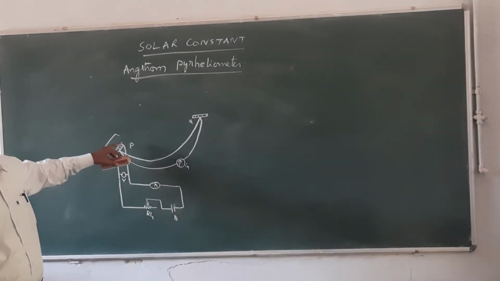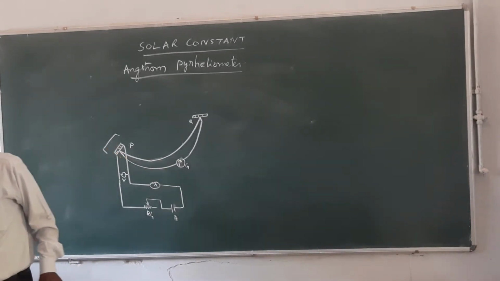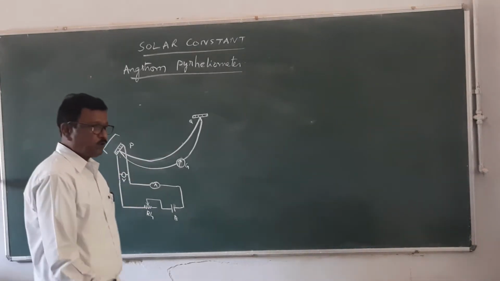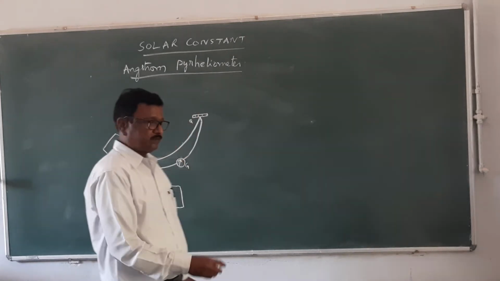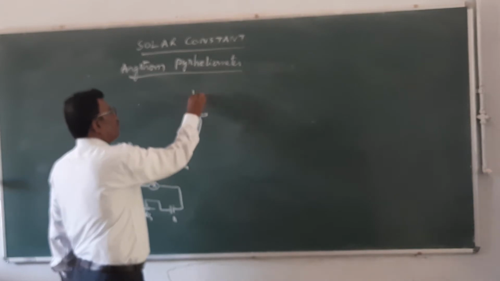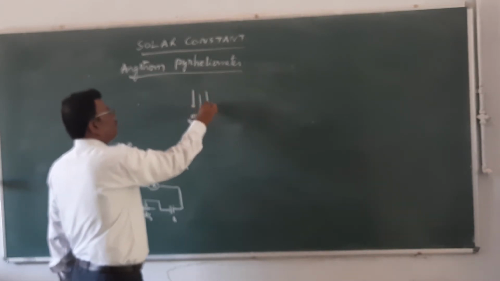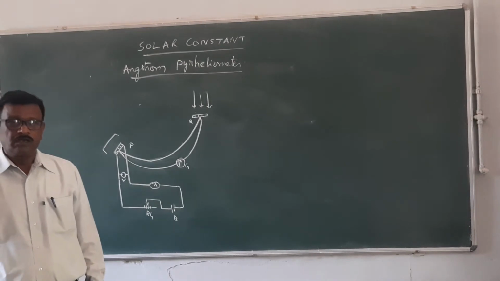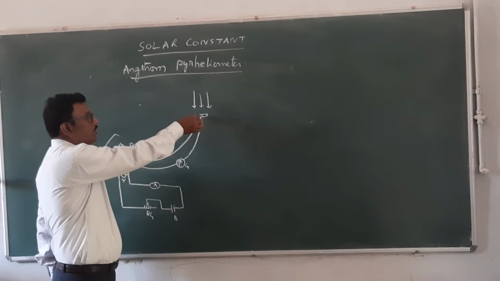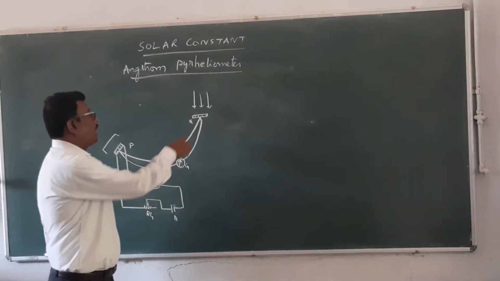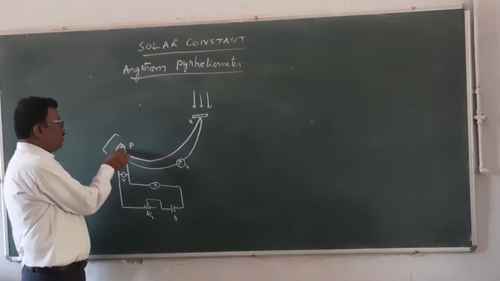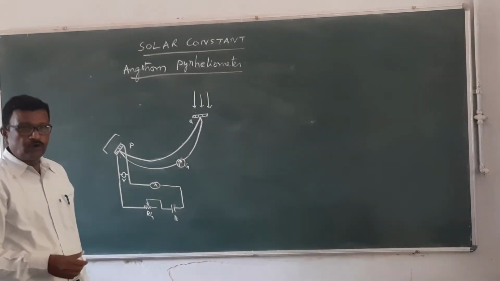So the foil P is shielded, whereas Q is exposed to solar radiation. The solar radiation coming from the sun is incident on the foil Q and it gets heated, while the foil P is at a low temperature.